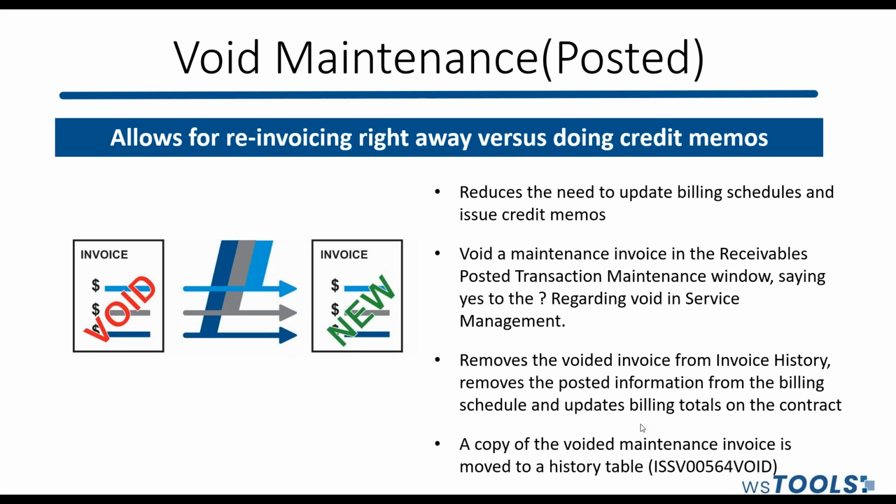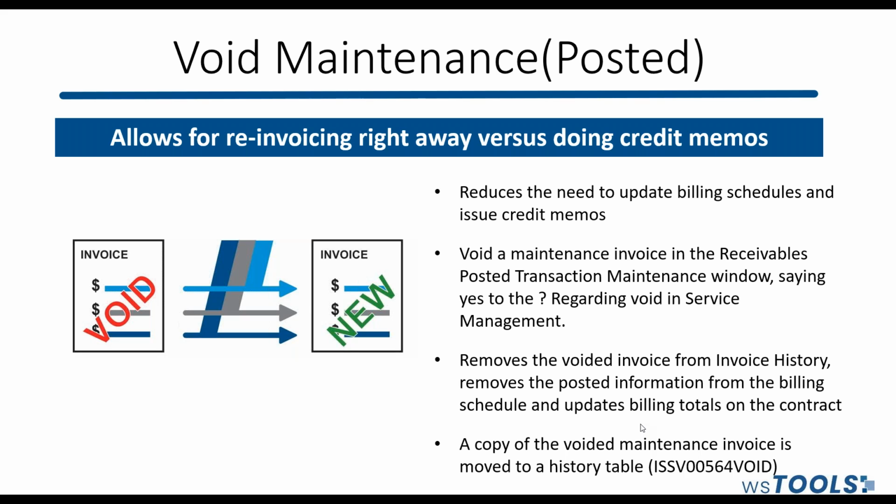So you go in to void it inside of receivables. It'll ask you a question: do you want to update service? And you'll say, yep, I do. At that point, it's actually voiding the invoice that you did originally. You can see that it'll take it out of your invoice history. It'll reset your billing schedule as well as billing totals on your contract.